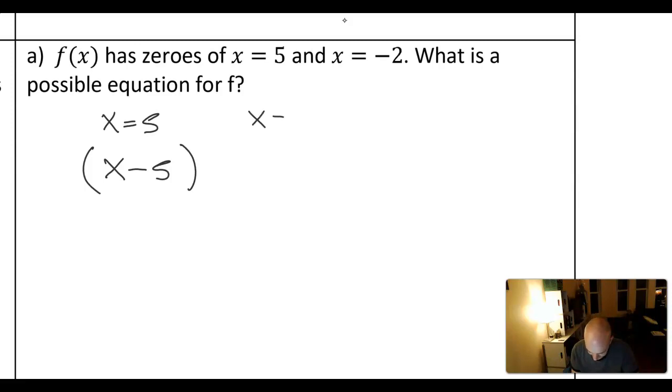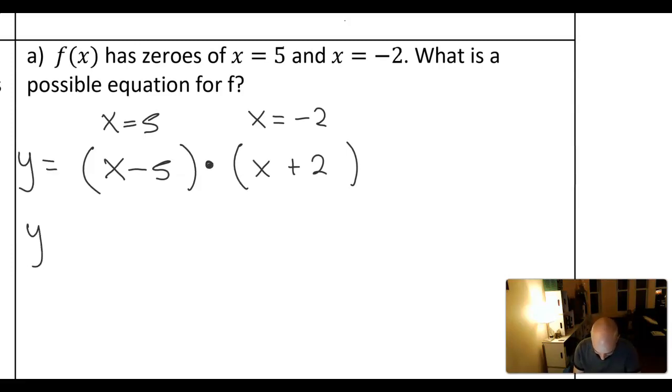And if I have a 0 at x equals negative 2, then I need a factor of x plus 2. And then to make an equation for f, we can just multiply those together. So that would be something like y equals x squared minus 3x minus 10 as a possible equation for f.